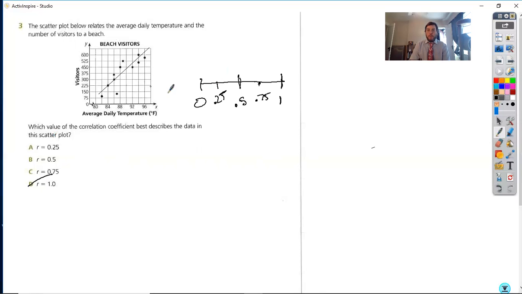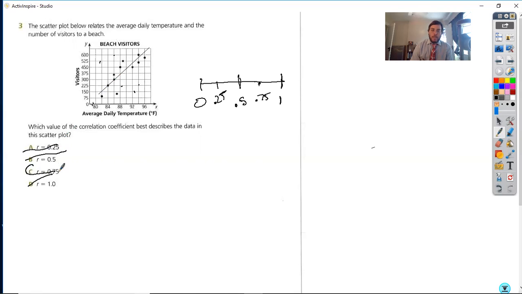It's pretty scattered. Maybe it looks a little bit positive, but 0.25 is going to look pretty scattered. And then 0.5 is going to be trending possibly in a positive direction, but it's not going to be this clear of a positive correlation. You're going to see a lot more points further away from our line, but it generally shows that line.